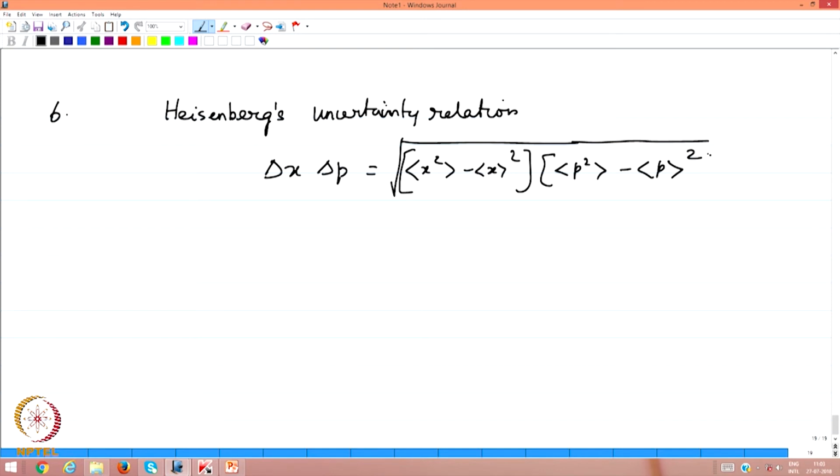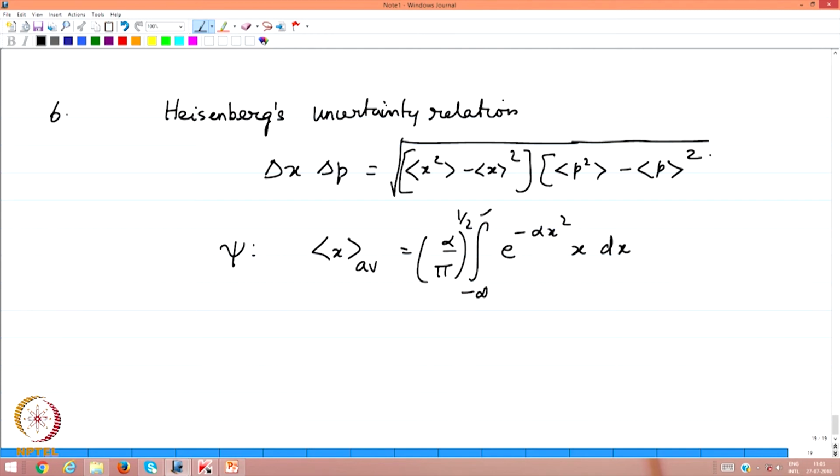Now for the harmonic oscillator psi, the x average is the integral of alpha by pi to the 1 by 2, e to the minus alpha x square, x dx, between minus infinity and plus infinity. You know that this is an odd function, and it is between symmetric intervals, therefore this answer is 0.